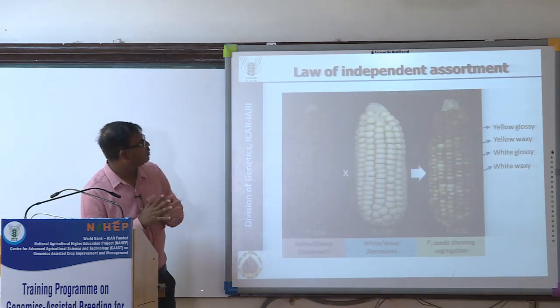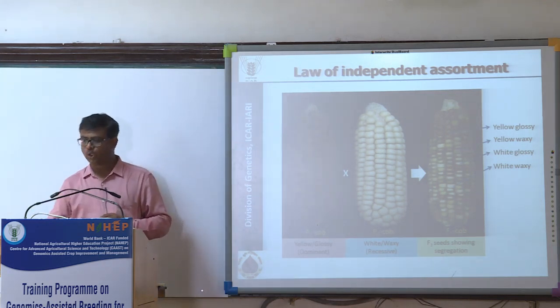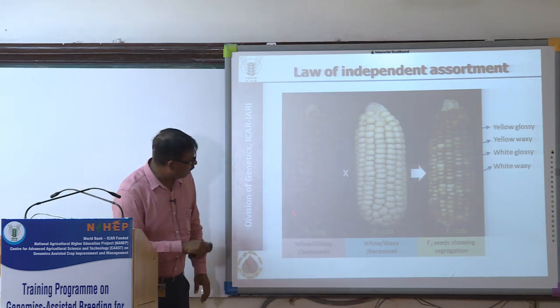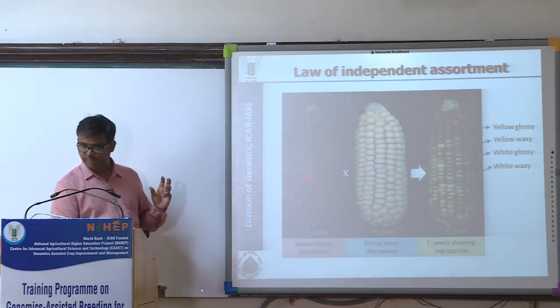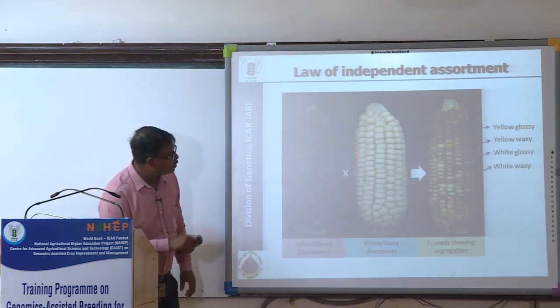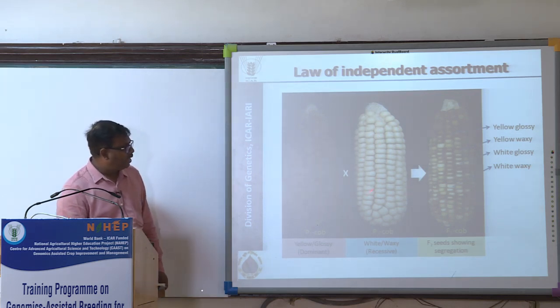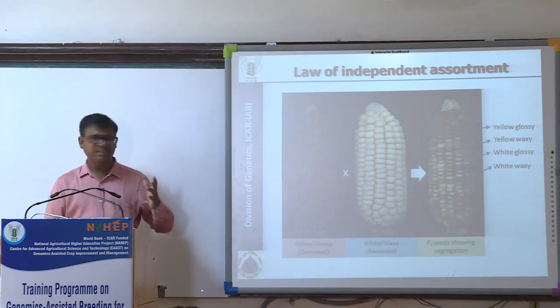Now in maize we can show another example, the law of independent assortment. That means two genes segregating together. Now here it is the orange maize with a normal maize, the more normal looking one that is glossy, and here it is white, and if you can see, it is basically a very pale looking, waxy maize.